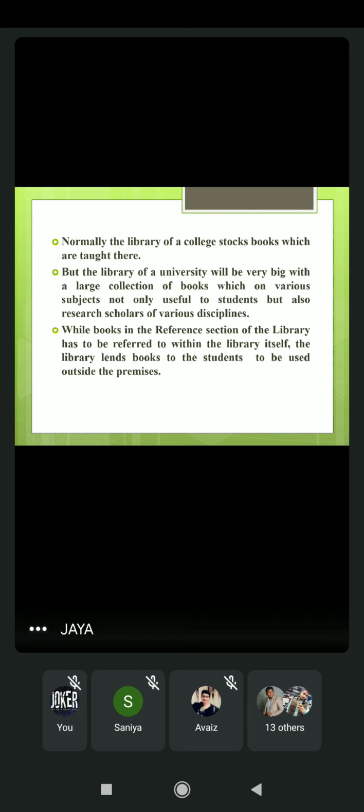But a few more racks will be there where the purpose of those books is to lend them to the students for some days, so that they will read and return them. This is how a library is arranged.